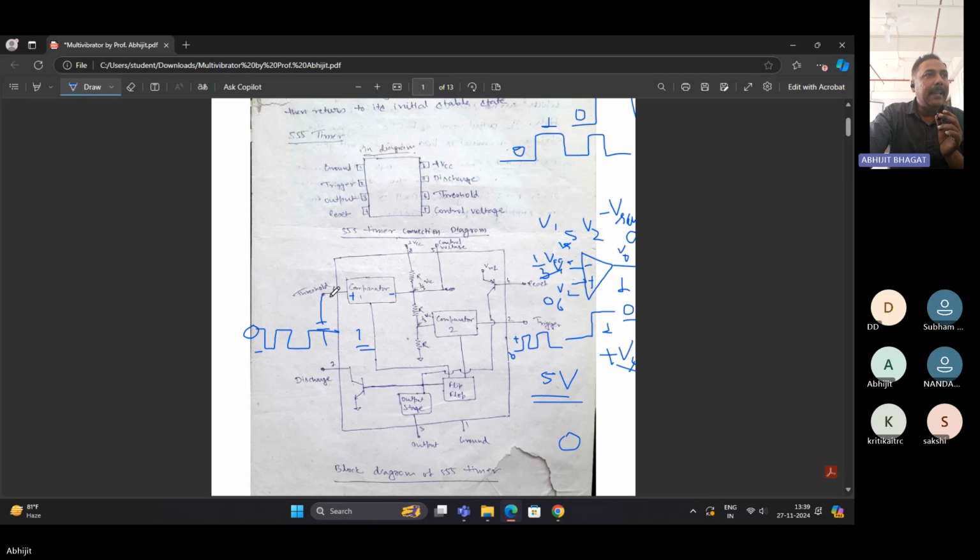In later classes, I will discuss the next circuits, multivibrator and astable. In that circuit, the capacitor is connected, and the voltage across the capacitor is compared with 2/3 VCC, and according to that the output will be generated. So pin number 6 is the threshold input voltage, and it is connected to comparator 1.